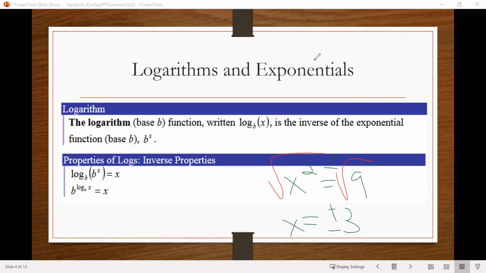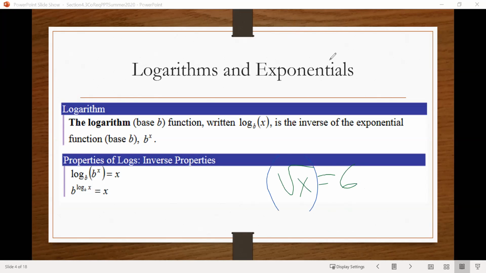Again, we used an inverse operation there. We do a similar thing if we have, say, square root of x equals 6. To solve for x here, we again use inverse operations, and the inverse of square rooting something is squaring something, so we do that on both sides and end up with x equals 36.